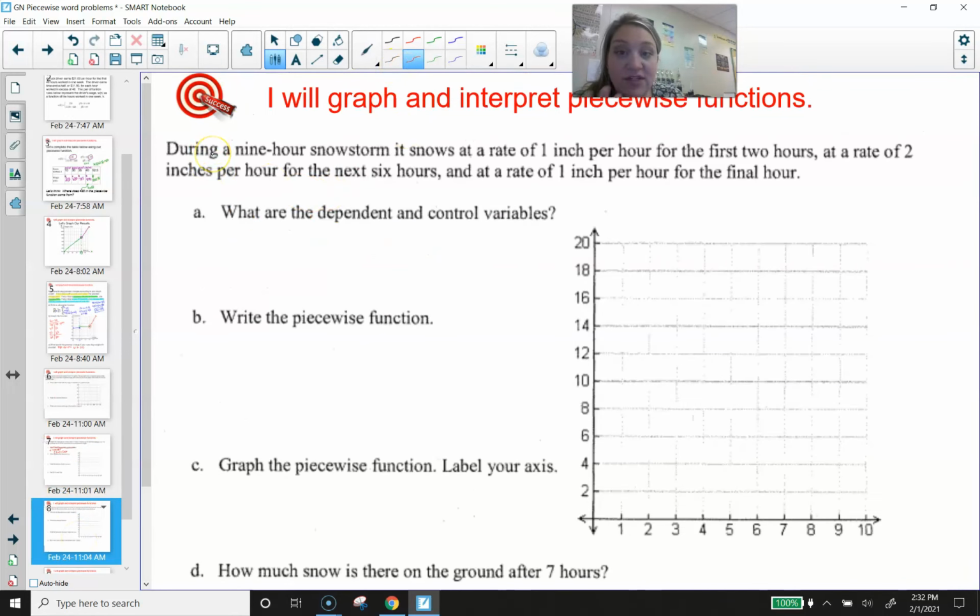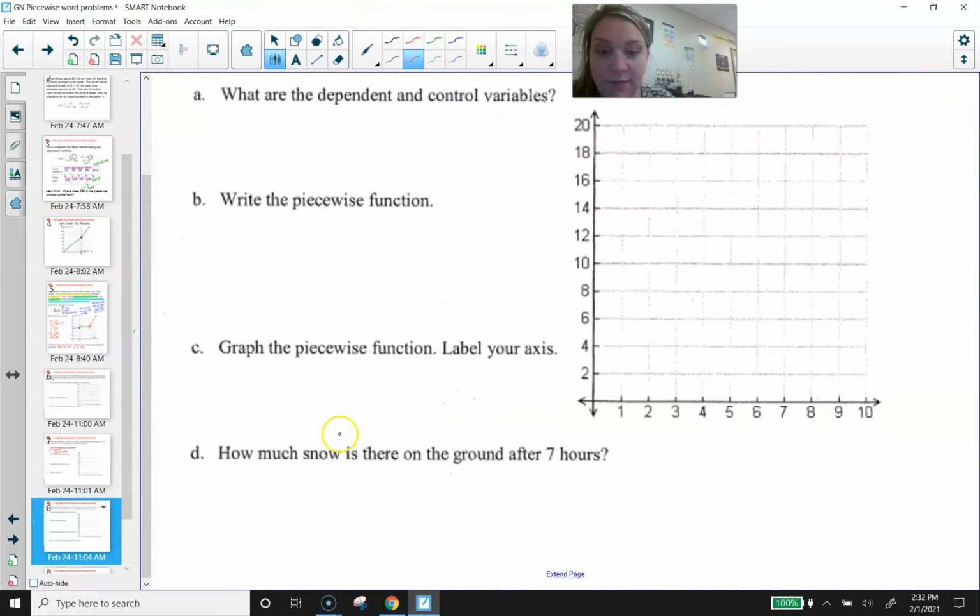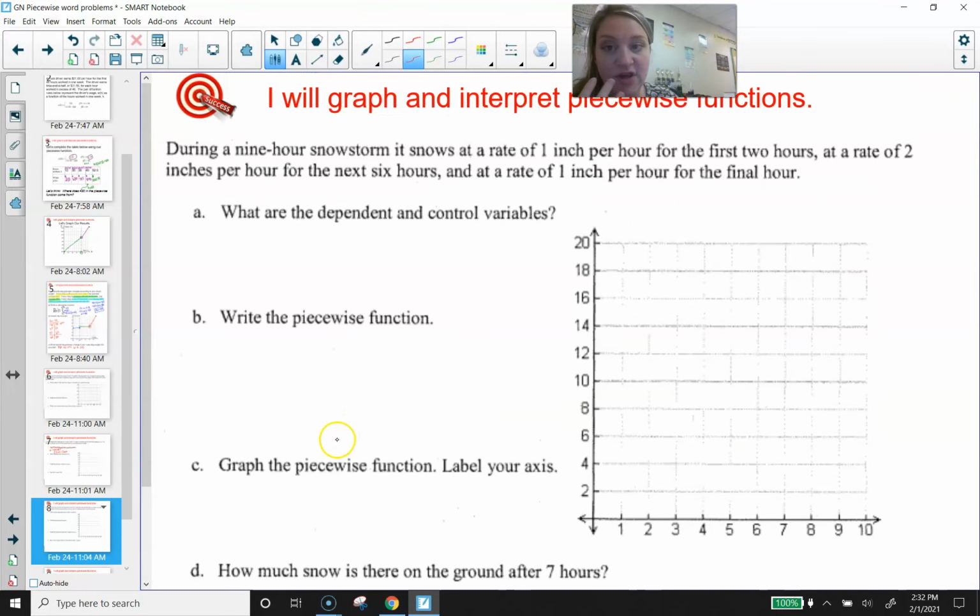This one, we have a snowstorm. So for this one, your snowstorm is building on top of each other. There's a rate of the snow happening. This is one of my favorite problems, by the way. So it's based on how many hours there are. So you're going to use H for hours of your snowstorm.